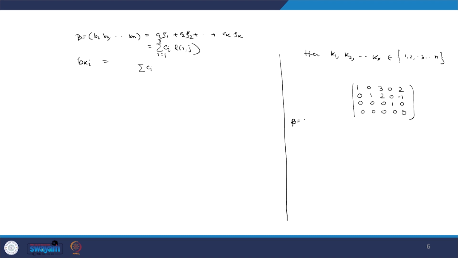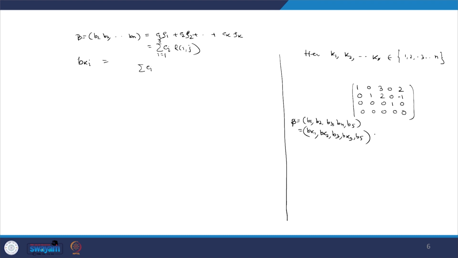Beta is equal to b1, b2, b3, b4 and b5. My k1 is equal to 1, so beta is written like this, with entries b_k1, b_k2, b_k3.